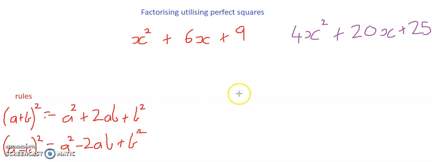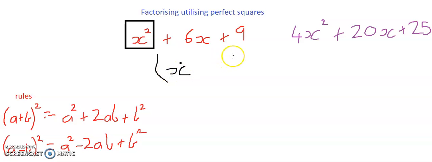So this equation here, I'm straight away going to look at my a and my b. My a is right here. So that tells me that straight away my a is going to be x. Then I look over at my 9, and this 9 is b squared.